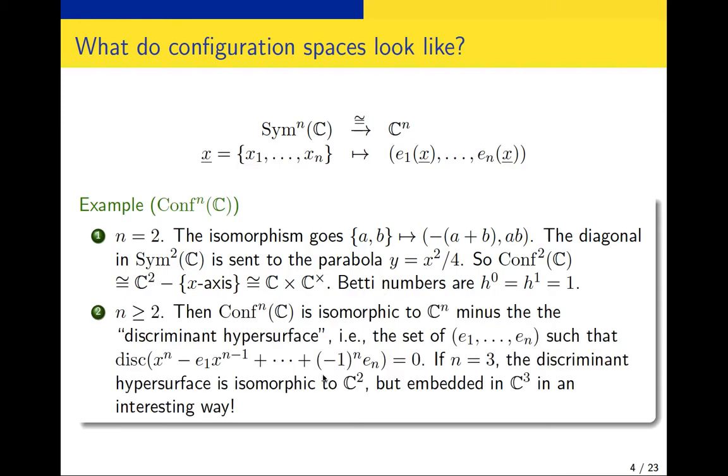But for n at least 3, the topology is already quite interesting, because the complement that we take out is called the discriminant hypersurface, which is the set of all the e_1 to e_n such that this polynomial has discriminant 0, meaning having repeated roots. Even if n is 3, the complement is already interesting. In fact, it's homotopy equivalent to a trefoil knot.